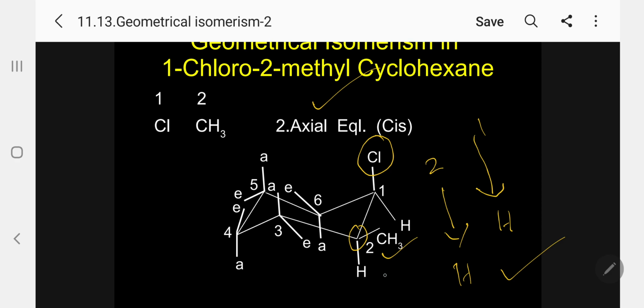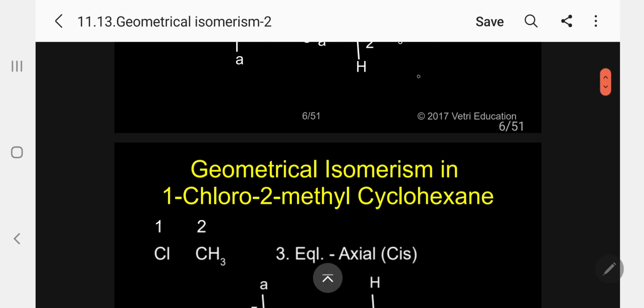So, I need not repeat hydrogen, so I can simply go by saying this. One position chlorine, two position the methyl group. So, only I am telling about this axial and equatorial I will mention. So, I will go for cis or trans. Please follow.